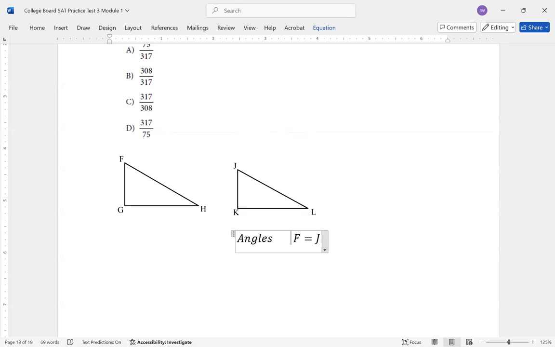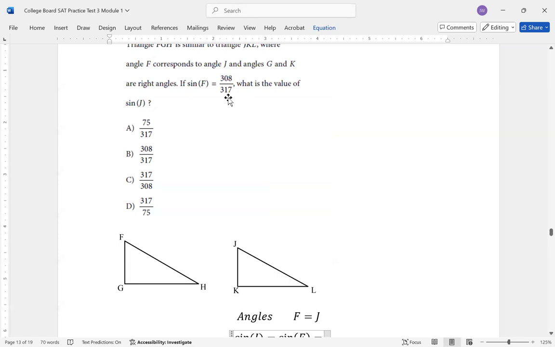We have that scenario. And that means if I have sine of J, well, that's going to be equal to the same thing as the sine of F, which we just said is 308 over 317.